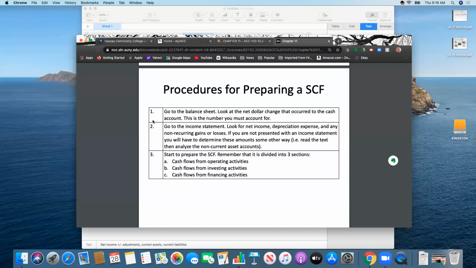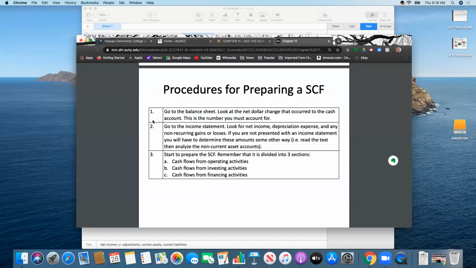So again, you have to wind up with that amount. So in a way, this is good because you already know the answer. If you look at that as being the answer, which I think it is, you already know what the answer is before you start. Now you go to the income statement. And you're going to pick certain things off the income statement.